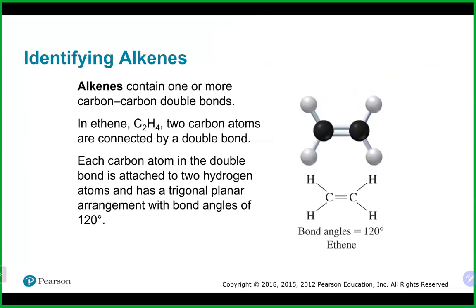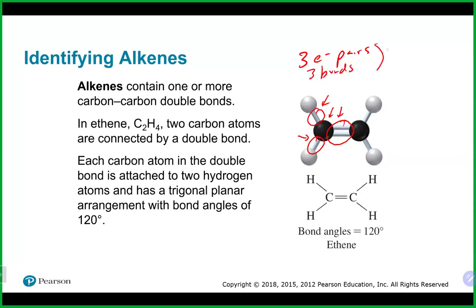Now, alkenes definitely will contain, as I said, at least one double bond, maybe more than one, but it has to have at least one double bond. It also changes the geometry, because when we look at this carbon right here, that is 1 electron pair, 2 electron pairs, 3 electron pairs, and 1, 2, and 3 bonds.